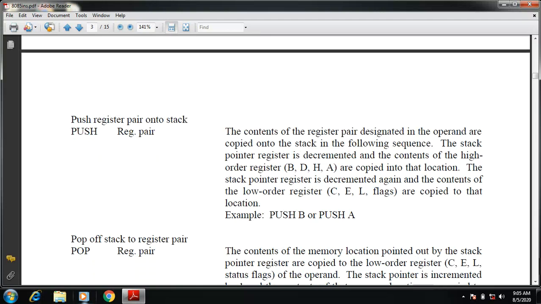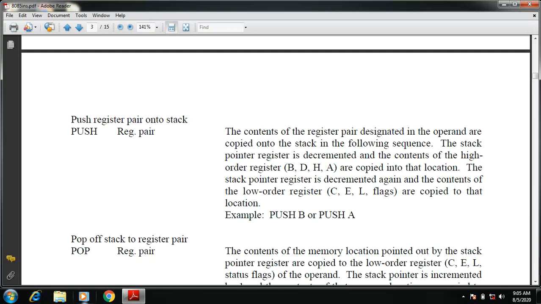Okay, next, push register pair. For example, push B or push A. So push B is for the BC register, push A is for the accumulator. The content of the register pair in the operand is copied onto the stack in the following sequence. The stack pointer register is decremented, and the content of the higher order register B, D, H, A, these are all higher order registers, is copied into that location.